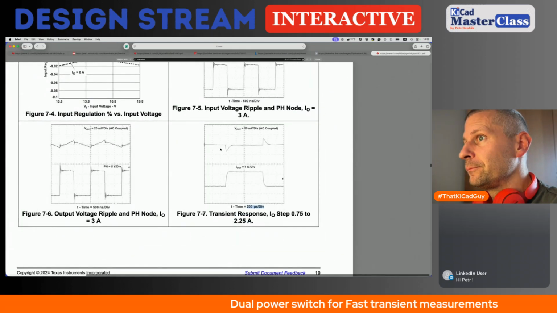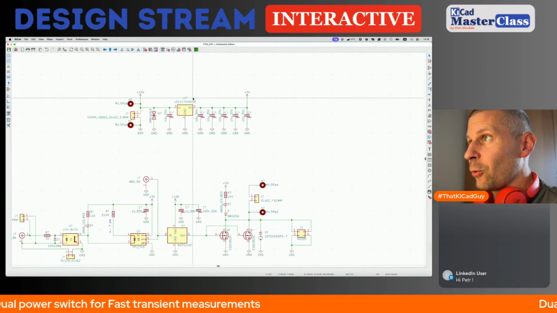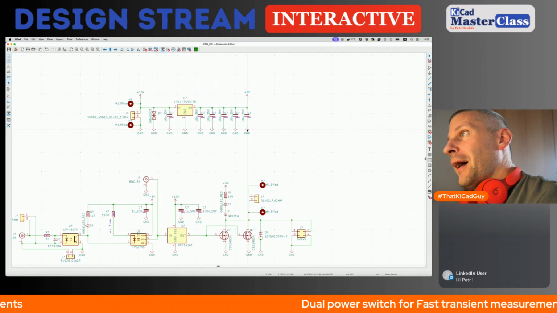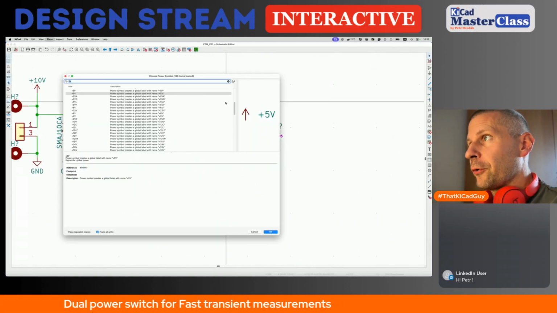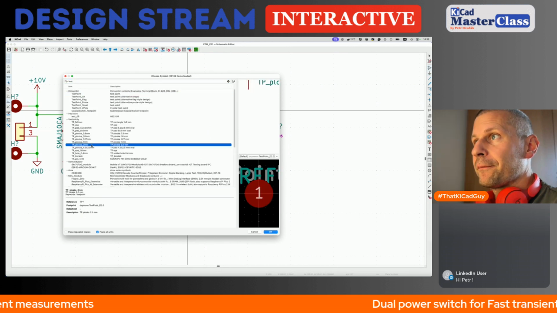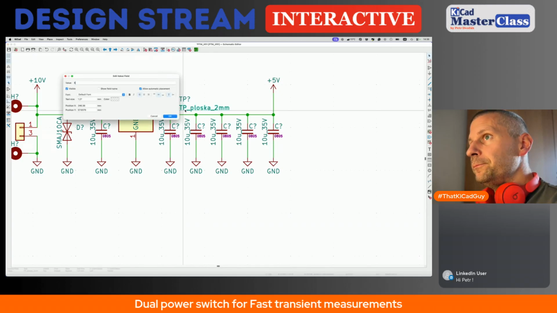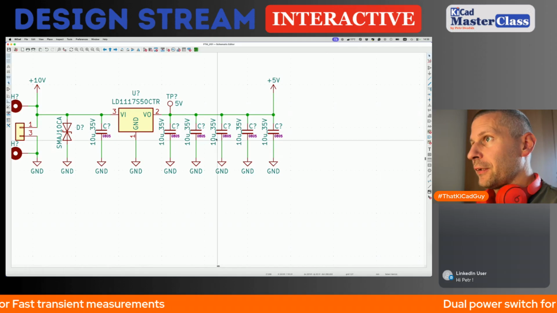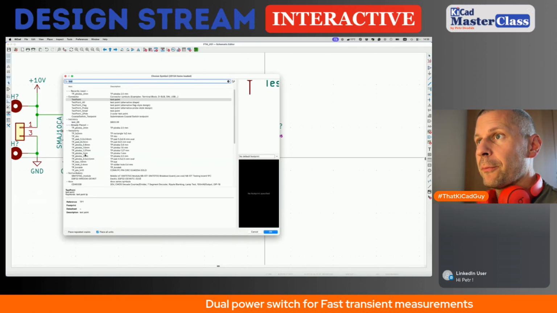But you know what? I will keep this simple. I will use the LDO as I already placed with the battery of capacitors, and for a future measurement or possible measurement, I will place a test point here at the output of the LDO. Definitely I will place a similar test point.